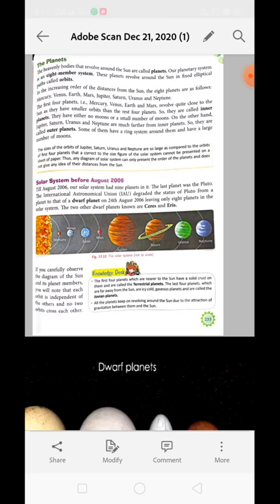And the surprising thing is that none of the orbits cross each other. All the planets revolve around the sun in their own separate pathways without colliding with each other.